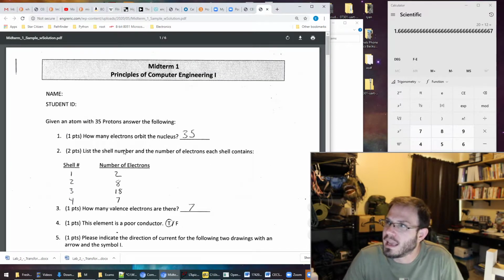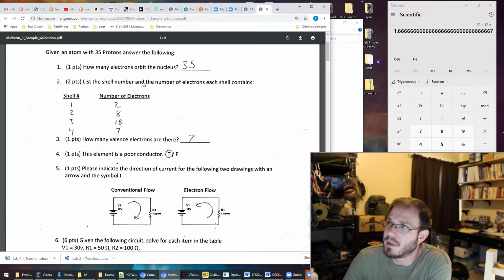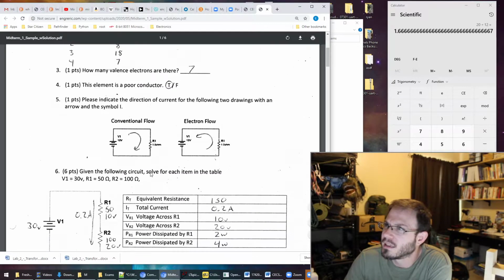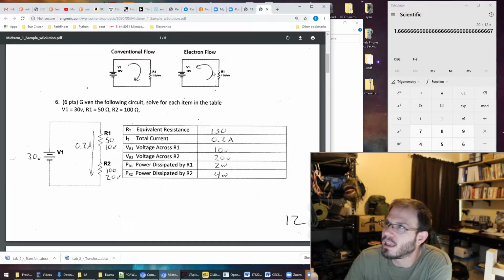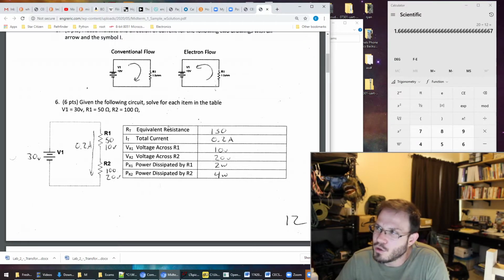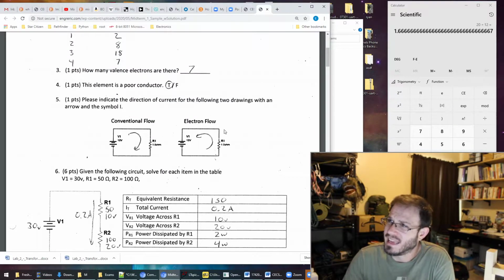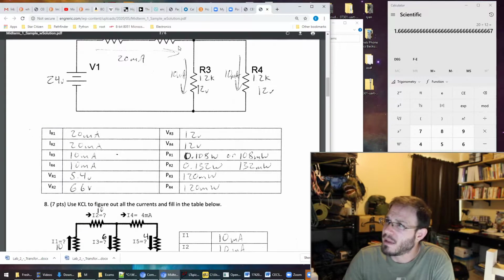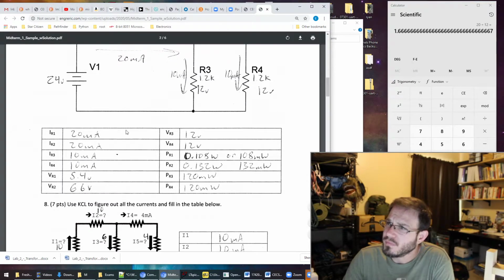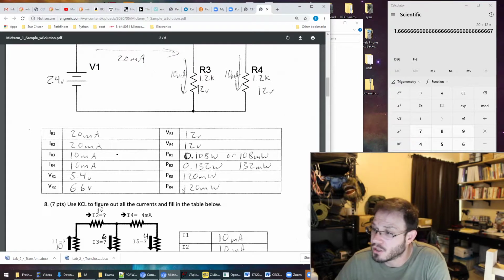I throw in a few conceptual questions in the beginning, some stuff on basic atomic theory, conventional flow, electron flow. And so each question would usually contain an image like this, or an image of a circuit, and then would ask you for the values that I'm interested in finding.